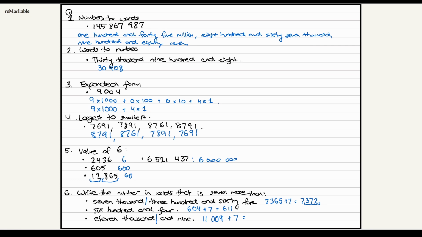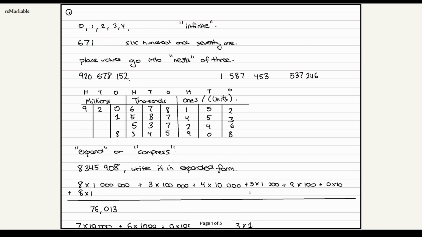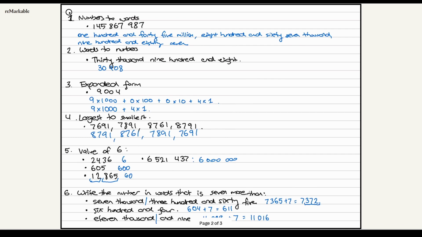We know that's 16, so we still have our 11,000 there, but there's going to be 16 there at the end. So 11,016, because we don't have any hundreds. And that's about all. That wasn't too bad.